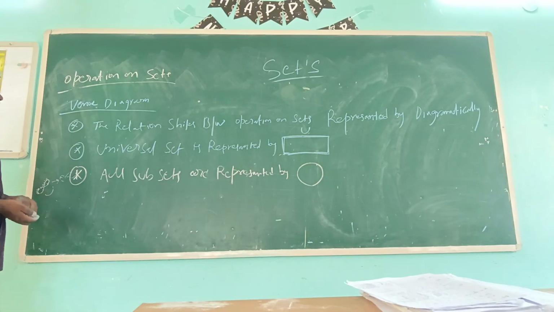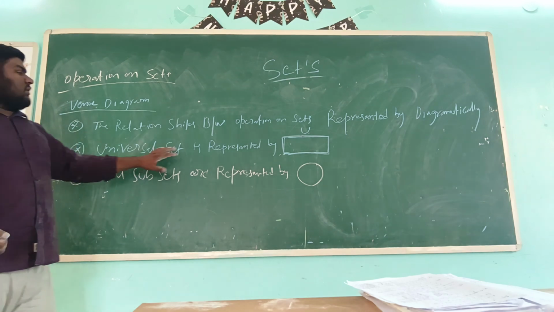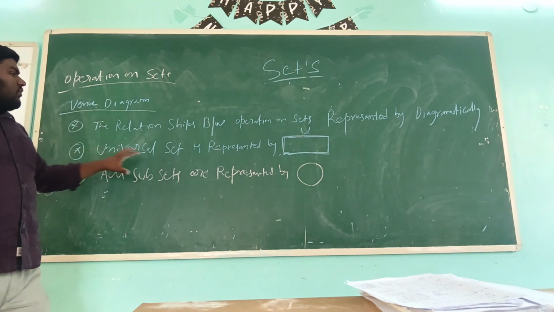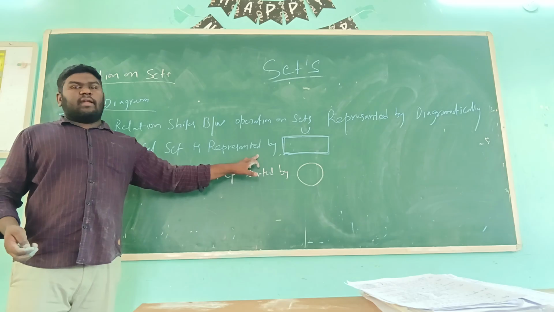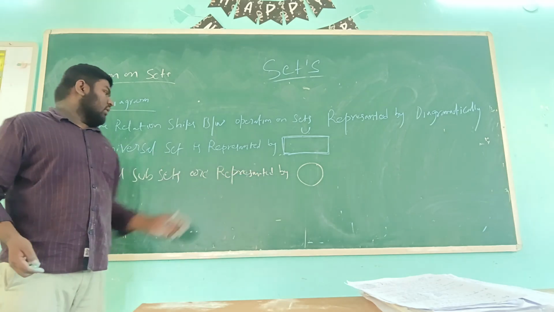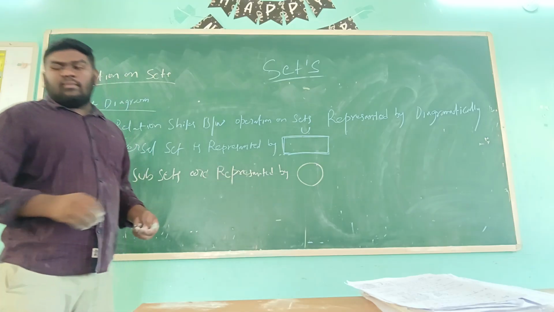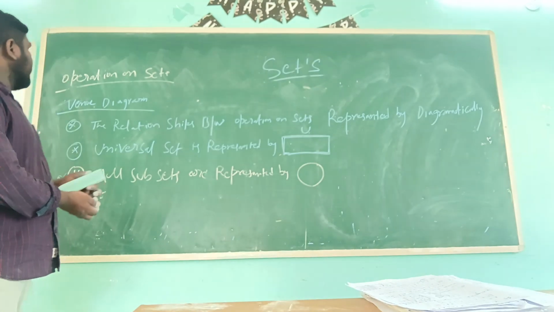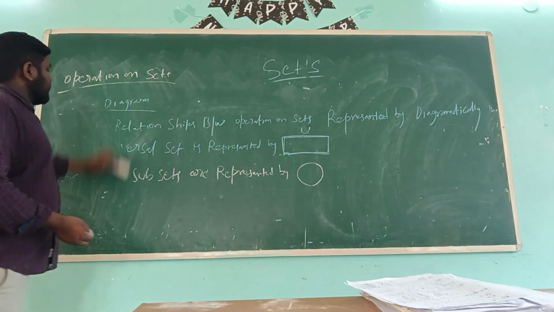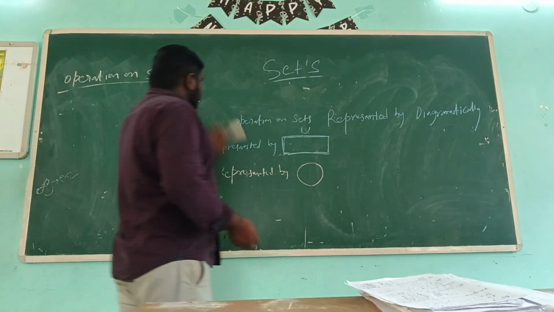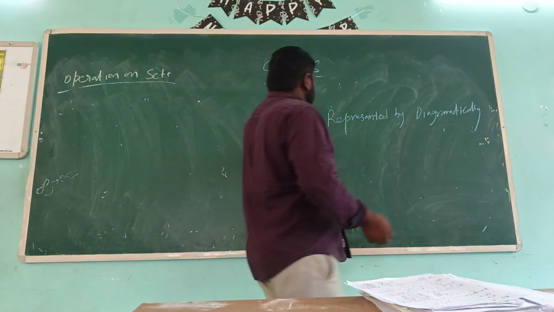In a Venn diagram, the universal set is represented with a rectangle, and all the remaining subsets are represented with circles. This is the Venn diagram. Then we will go for the operation on sets.